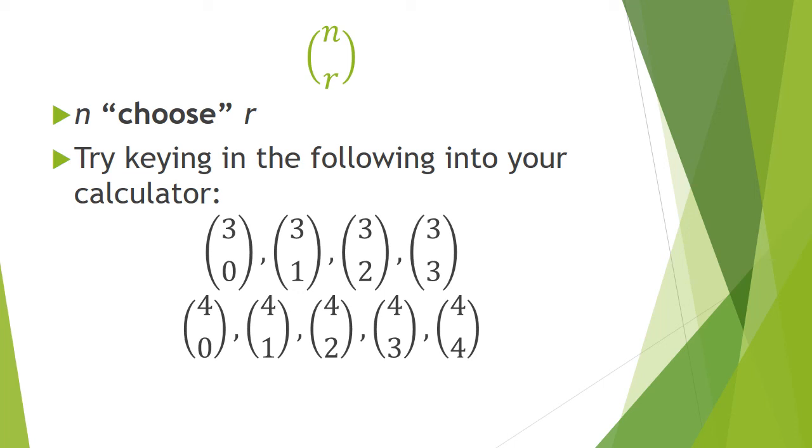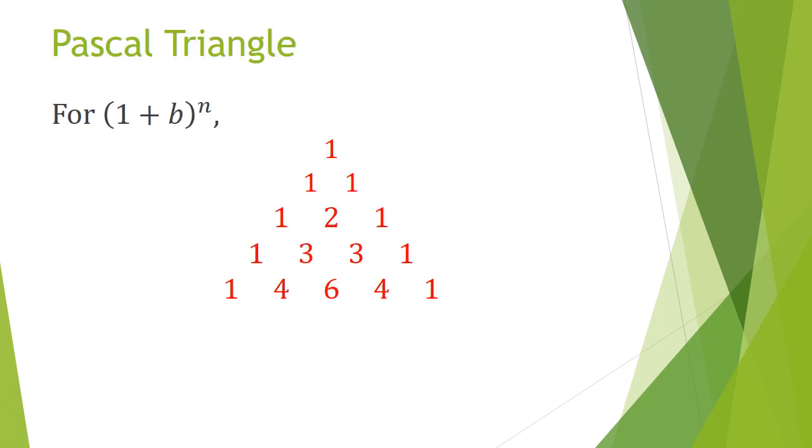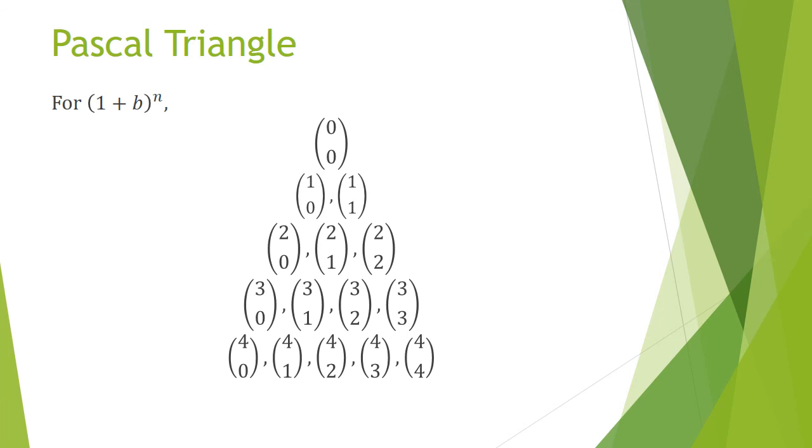Now, assuming that you have gotten your answers, do you realize that there are some similarities with what you have seen before this? I hope you do, because from here, we can transform this into this in the form of n choose r.